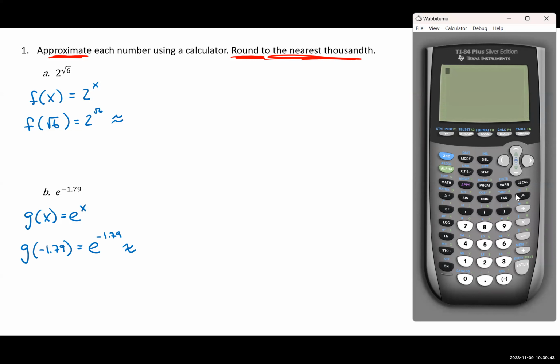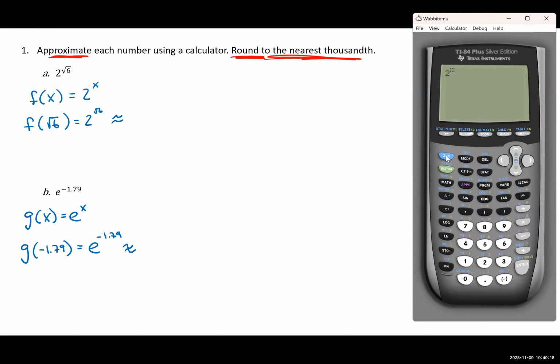So over here on the right, you have the caret button. That's for exponents. So if I want 2 to the square root of x, I'll hit 2, caret, to the power of, and now I need the square root. Well, there is no square root button on the calculator. But you see the square root over here on the left-hand side, it's above the x squared button. It's written in blue. Anything above one of the keys on the calculator that's written in blue, you need second.